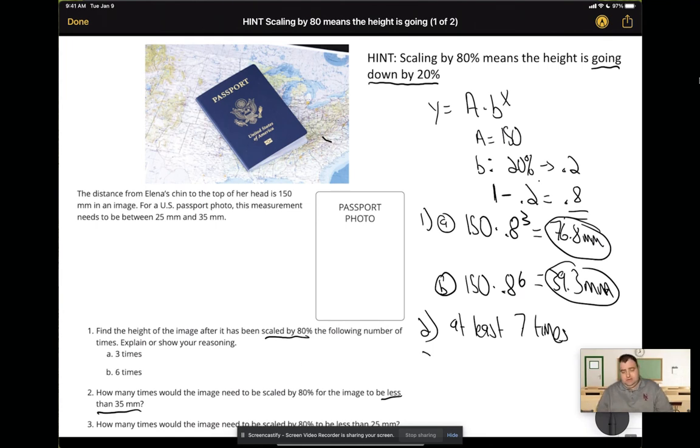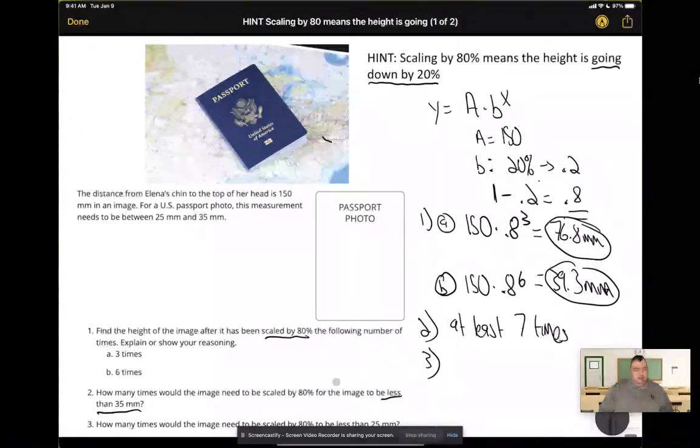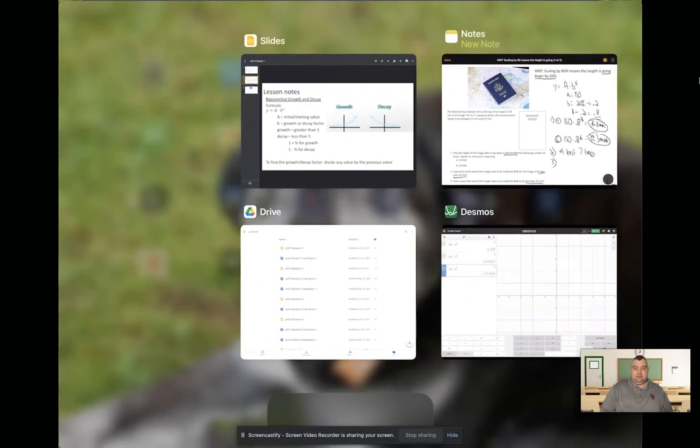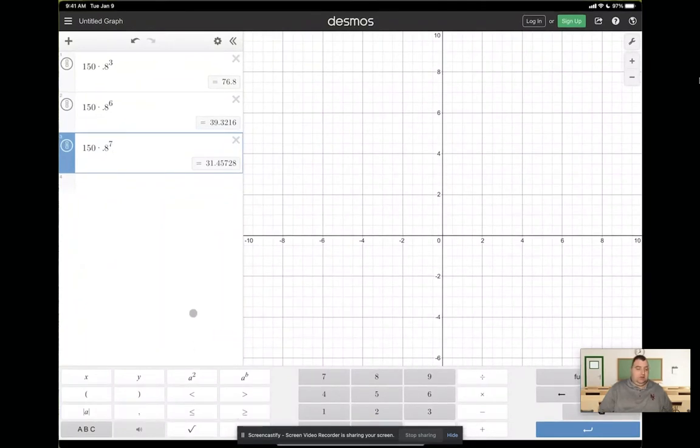So number 3, we're going to do the same thing, except how many times would the image need to be scaled by 80% to be less than 25? So let's make this an 8. That is still above 25. So it's probably going to be 9. All right, now it's below 25.